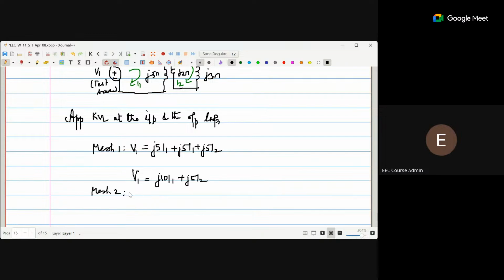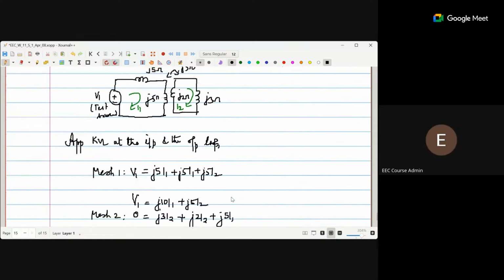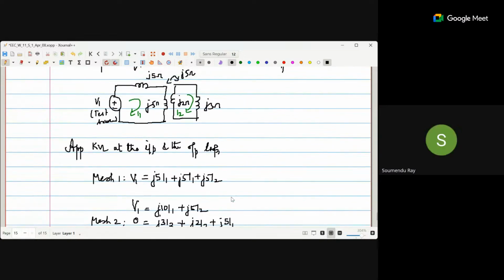Then mesh 2, you have 0 equal to J3 I2 plus J2 I2 plus J5 I1. Am I right? J5, because it's negatively coupled.